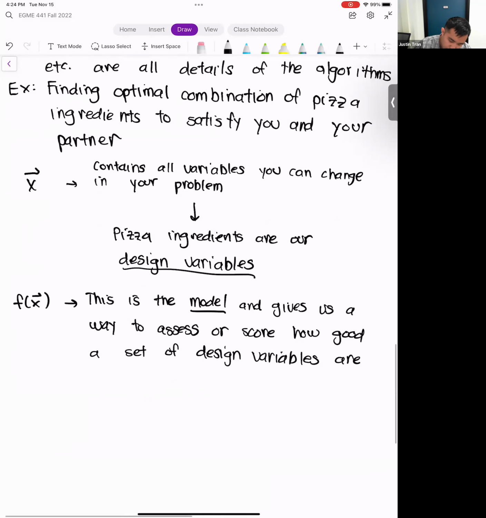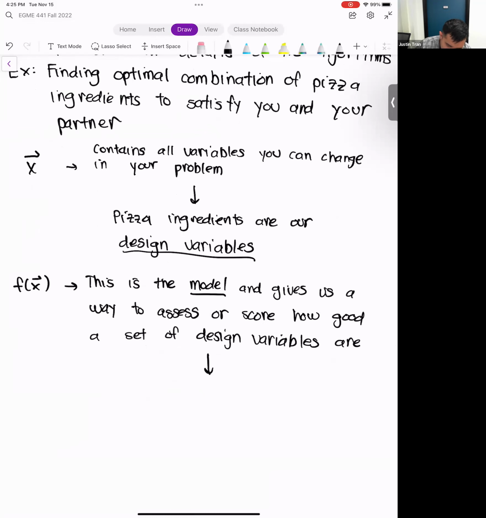For our pizza problem, our model here is, how do you test and see how good a pizza is? Well, you eat it, right?